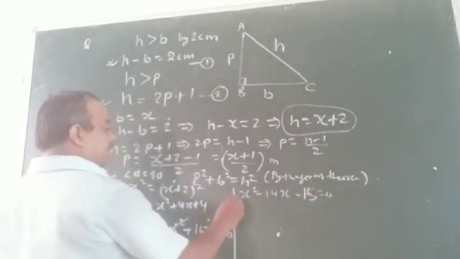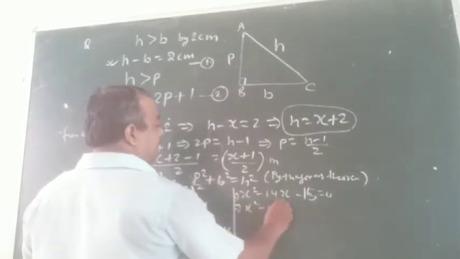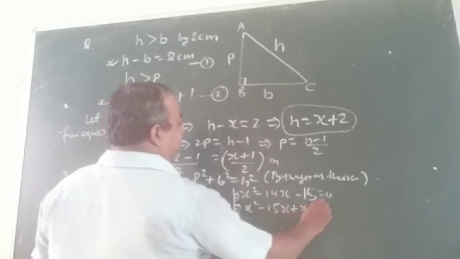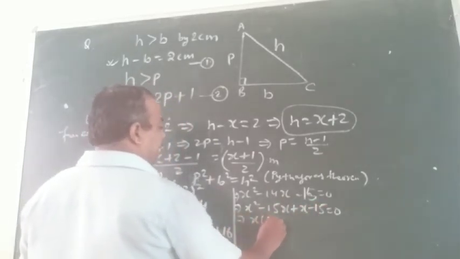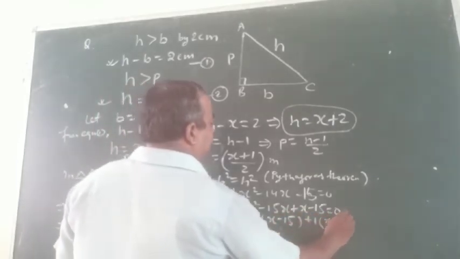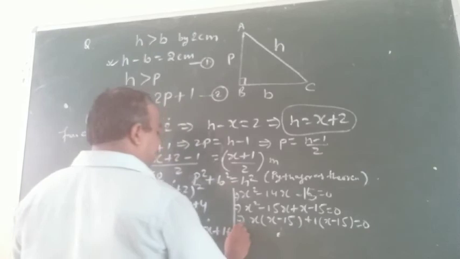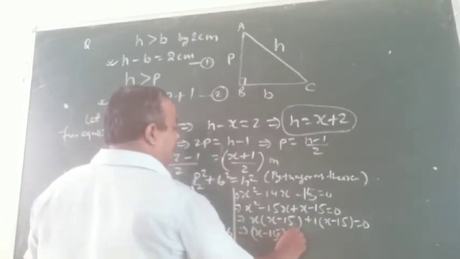So x square minus 15x plus x minus 15 equals 0. We take common x minus 15 and 1, so x minus 15 into x plus 1 equals 0. So I have two factors, x minus 15 and x plus 1.